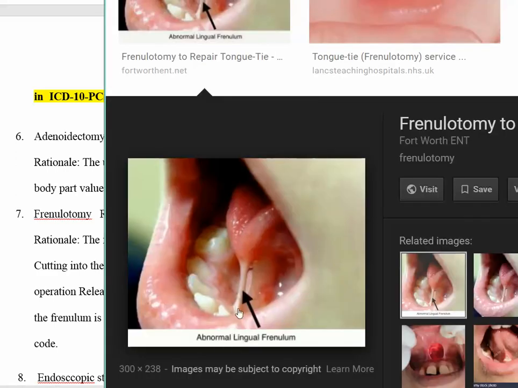Well, here's a picture. This is what we're talking about. This thing is too long, too big, shouldn't be there. We all have this. This is natural back here. This is not. This is going to cause a kid not to be able to talk properly. And in some cases, it happens in infants and they can't get their nutrients properly. They can't breastfeed or take a bottle properly. So they're going to cut this.